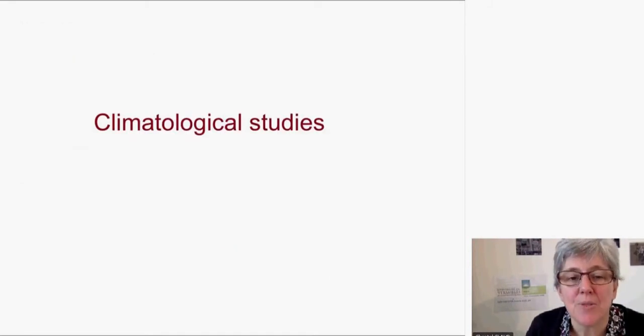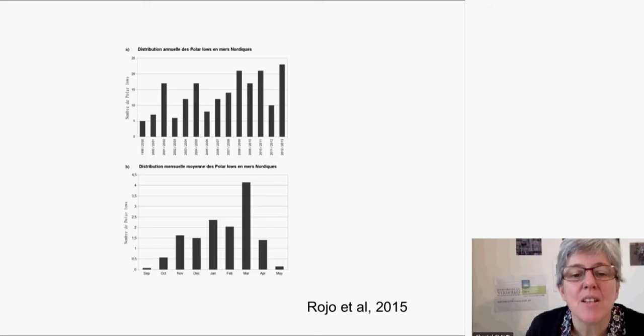Now, we're going to talk about climatological studies. And this is mainly based on a catalog of polar lows that we have for the Norwegian and Barents Sea. This catalog has been developed by a Norwegian forecaster. And here, the first plot on the top shows the number of polar lows per winter.